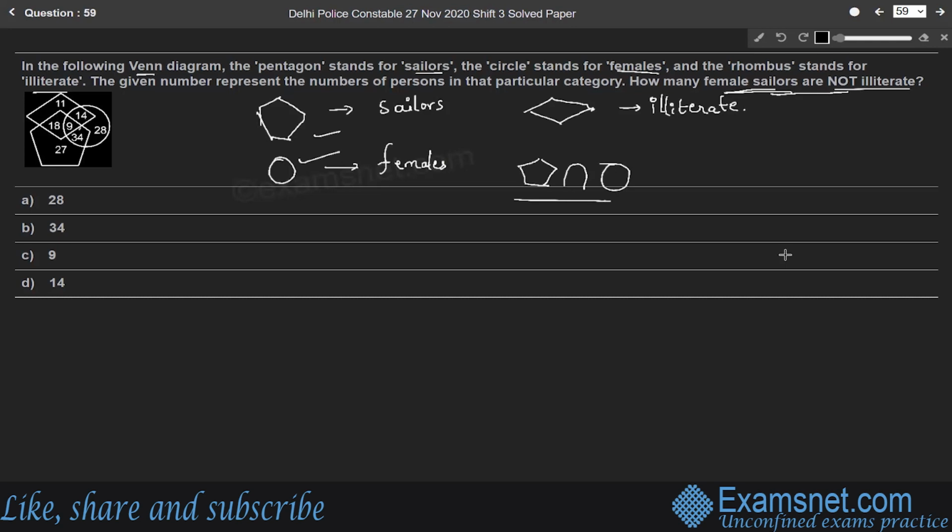Which number is the intersection of pentagon and circle? Number 34. And also it is given not illiterate. So here the rhombus is not under consideration, right? Therefore, number 34 represents female sailors who are not illiterate. Therefore, option B is the right answer.